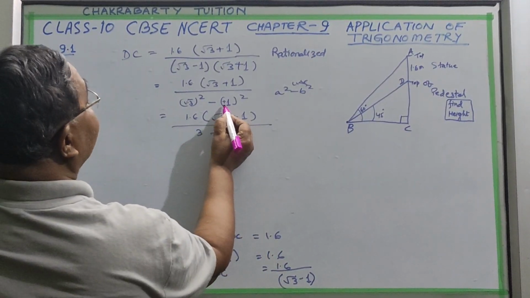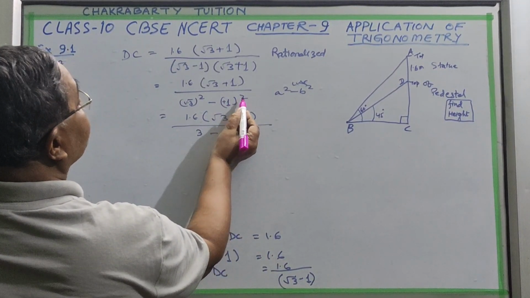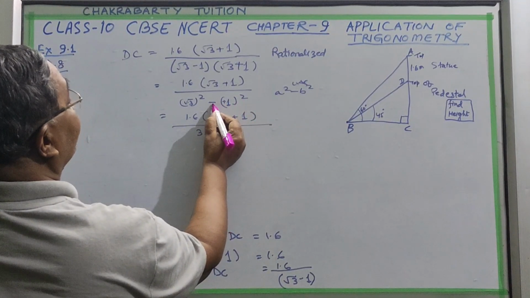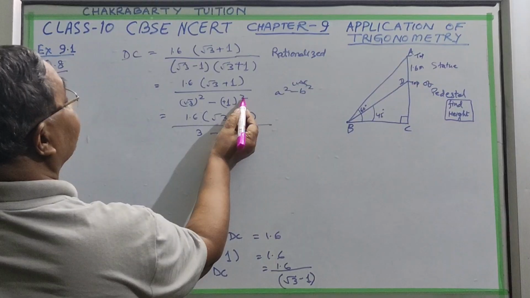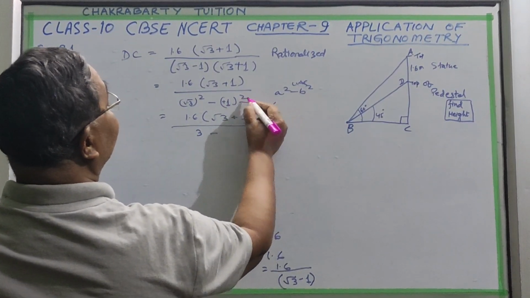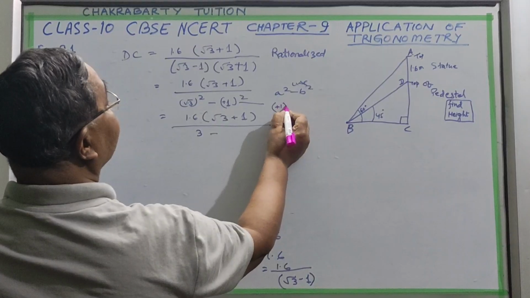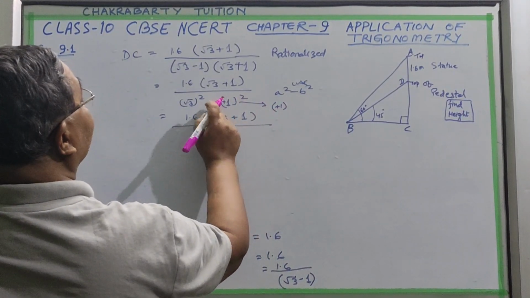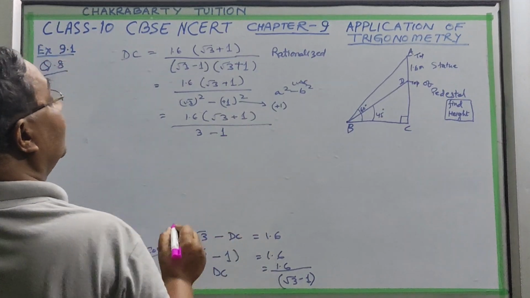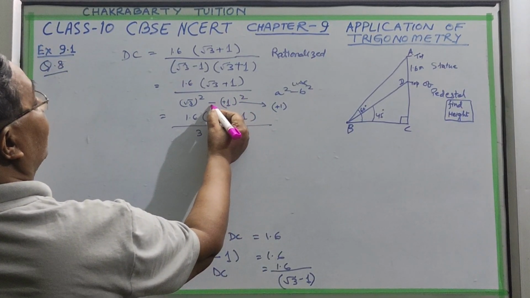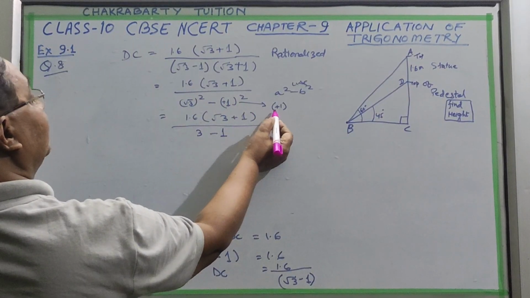So here you see in the bracket the plus sign is there. If you square it, it will remain plus 1. Understood? Here the square is on this, not on this side, so this plus sign will remain plus.